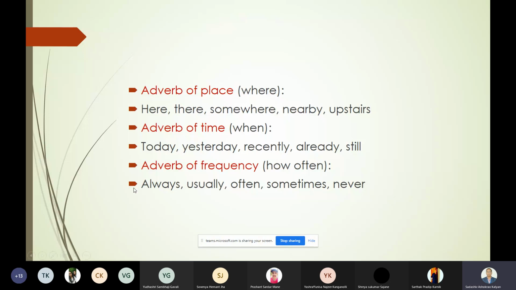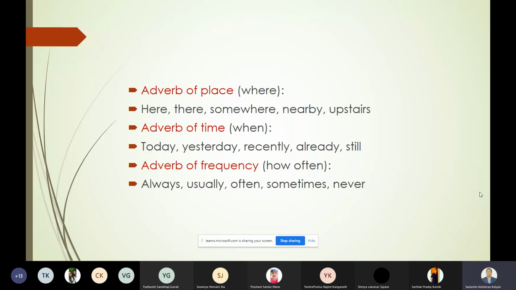So here we can use the words today, yesterday, recently. I have already had my lunch. Like this, whenever we are using these various kinds of words like today, yesterday, recently, already, still.